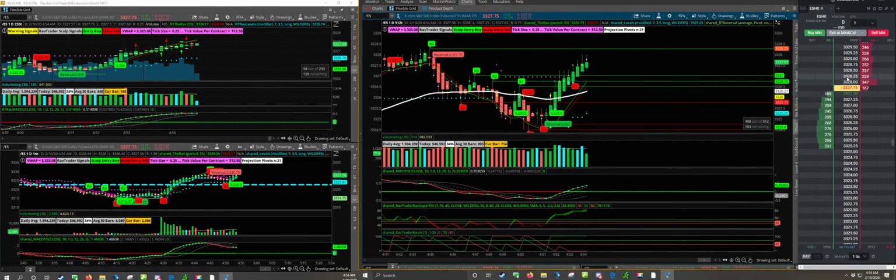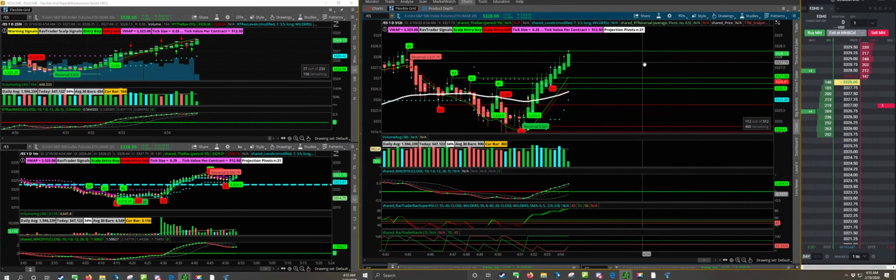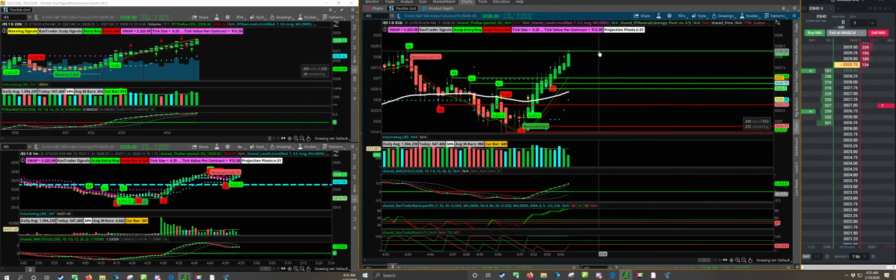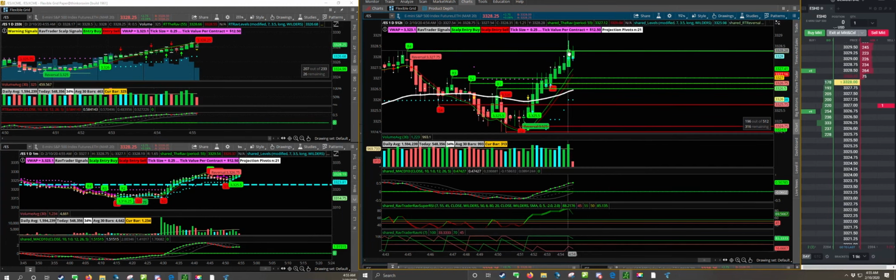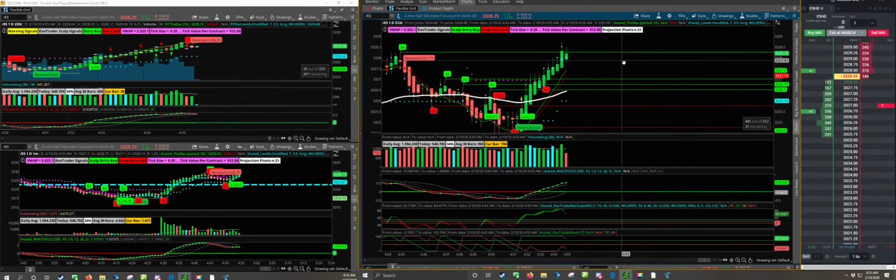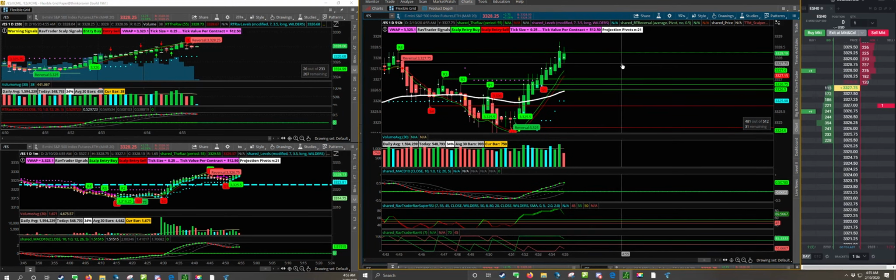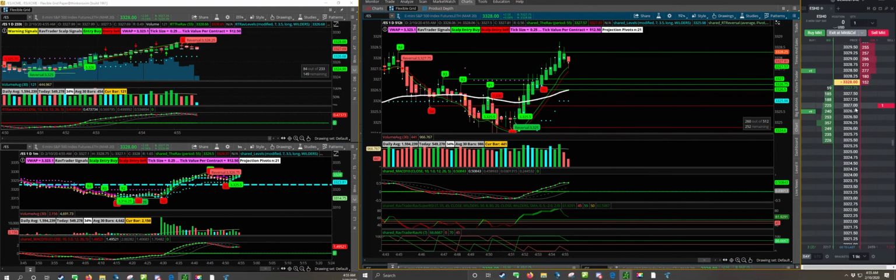Right now, let's shoot for a reversal at 27. There, 28.25, it hit that level. I've got a 27 short reversal on the moving average, or 27.25.